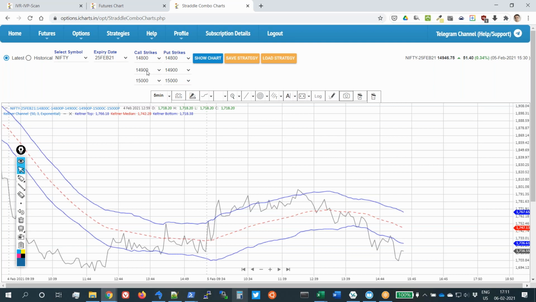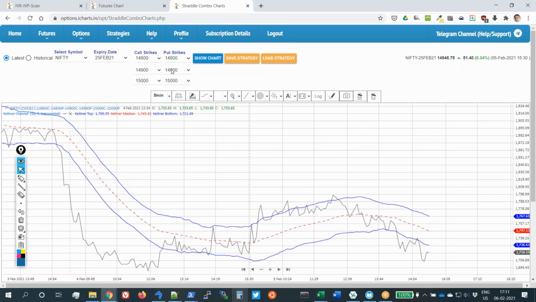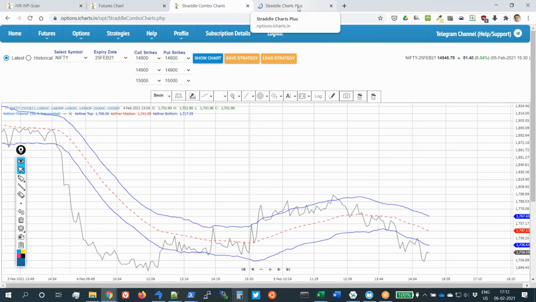This is at the money, this is out of the money, and this is in the money. So nearby straddles, say 15 minutes after the market opens, you open these straddles, and then you adjust based on VWAP and all that. You can use these straddle charts plus. That is what he had said.